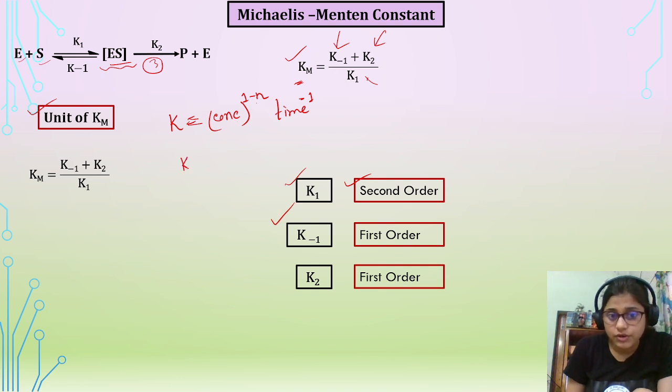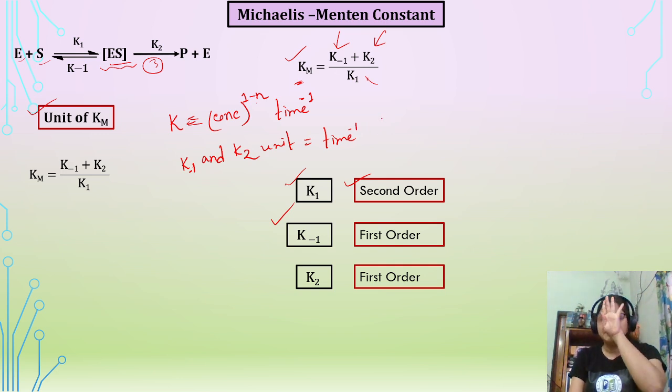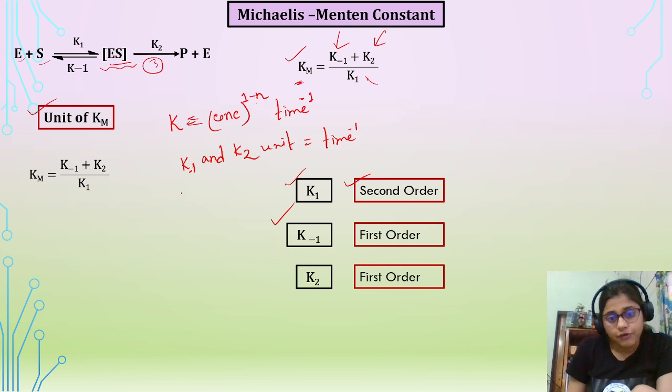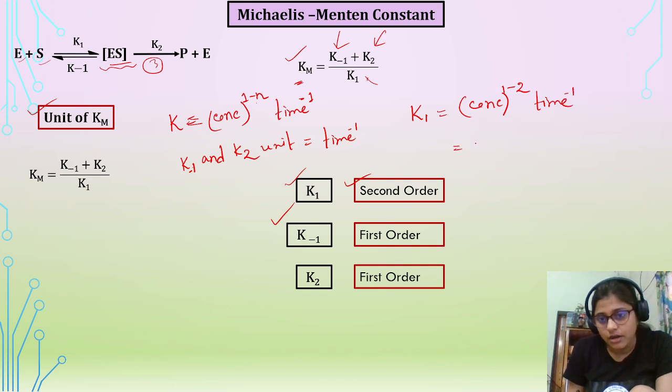So for the first order, let's say K inverse and K2, the unit of the rate constant of these two will be time inverse, or second inverse, we can say minute inverse, hour inverse, like that. And for the second order reaction, K1, it will be concentration to the power 1 minus 2 and time inverse, which will be again concentration inverse, let's say molar, we can write, or mole per liter.